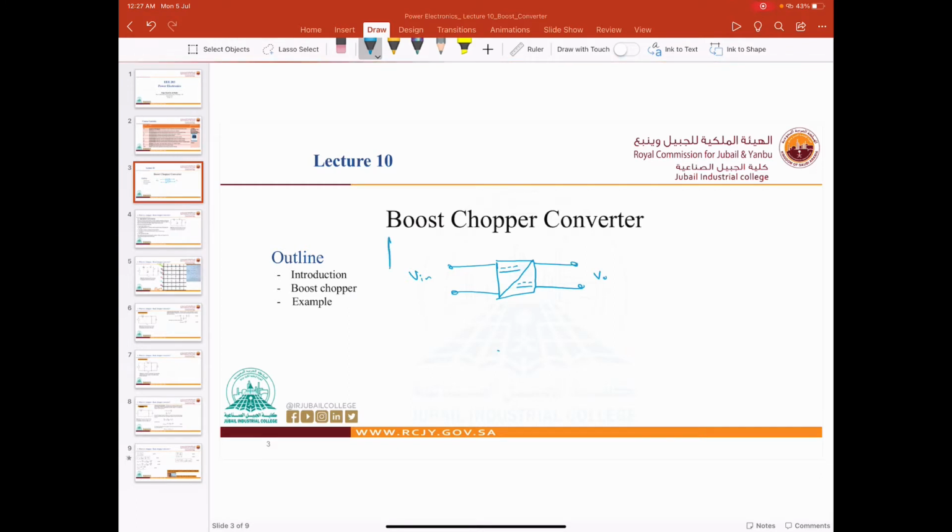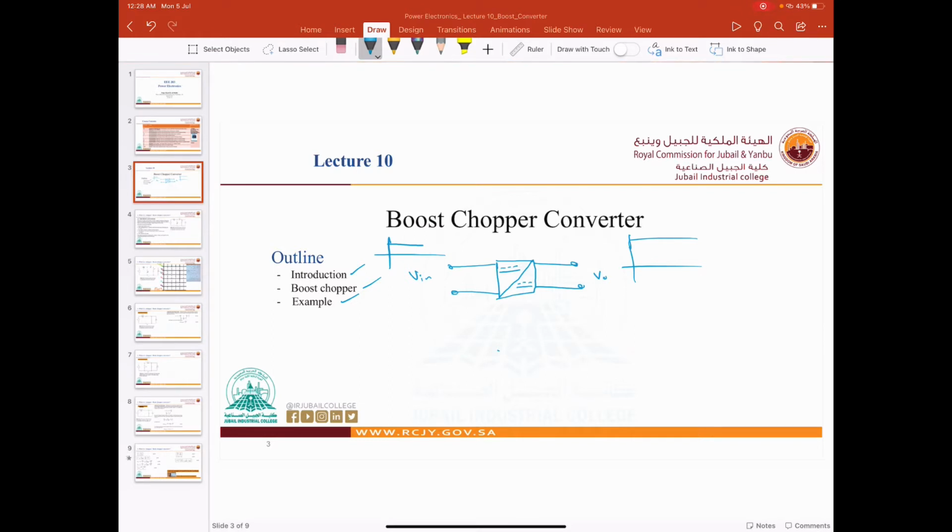The V in signal is like this, and the V out signal is like this. So we stepped up the voltage. We boost the voltage up. So inshallah we are going to outline an introduction, and we will go through the boost chopper and some examples.